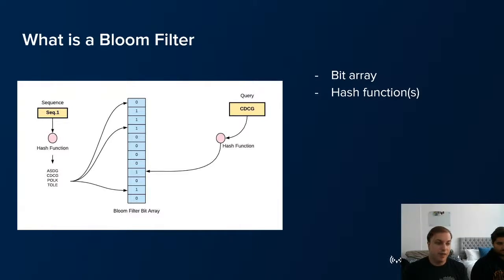Which is great. However, there is a little bit of risk: since we are putting it through an algorithm, there is a chance that we might end up with the same number. So we could put in A and get 5, and put in A, B, C and also get 5. But there is a way to calculate your chance of this happening, and you can mitigate this by adding more hash functions.